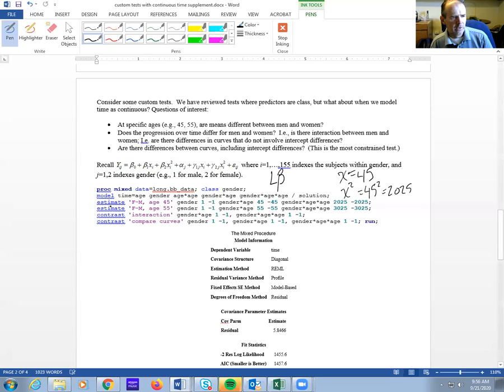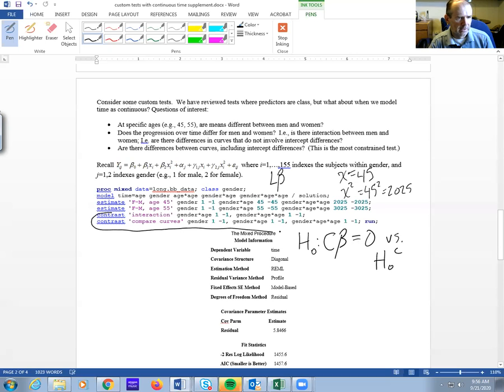So the first two I wrote were specific estimate statements. We get an estimate and we get a t-test for that. If we have a case where we have multiple rows, so if we're testing C beta equals 0 versus the alternative that they're not equal, then we're dealing with contrast, right?